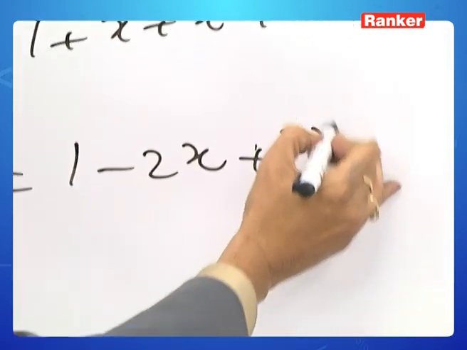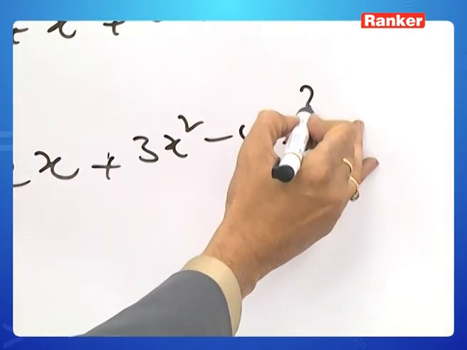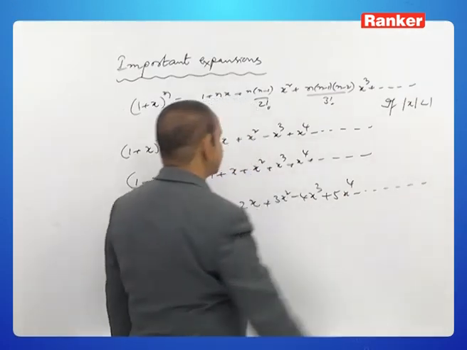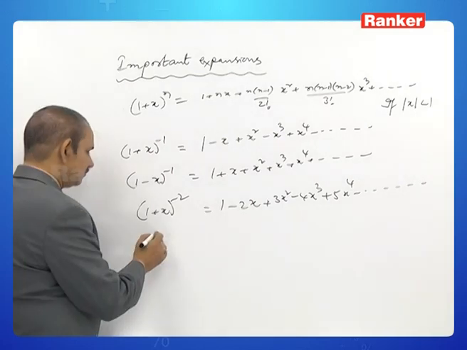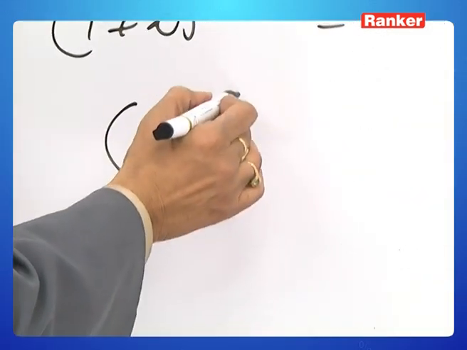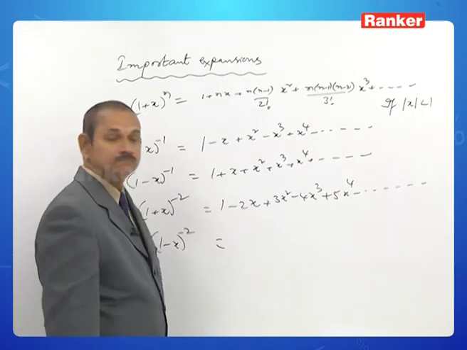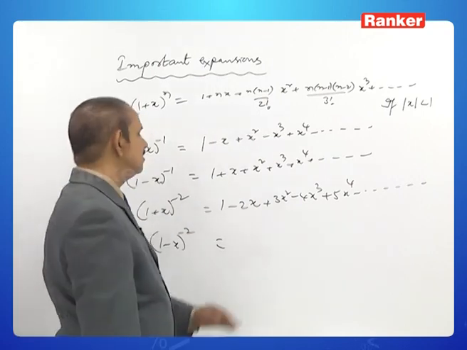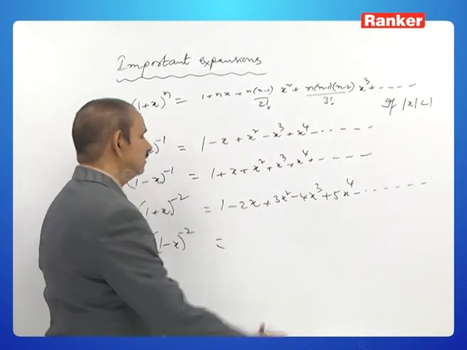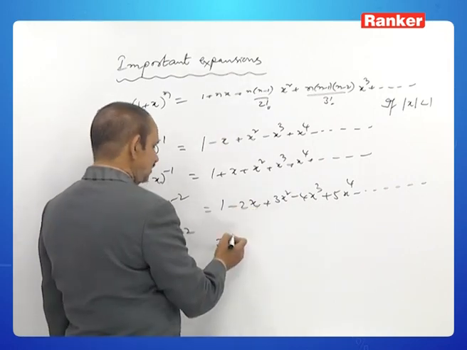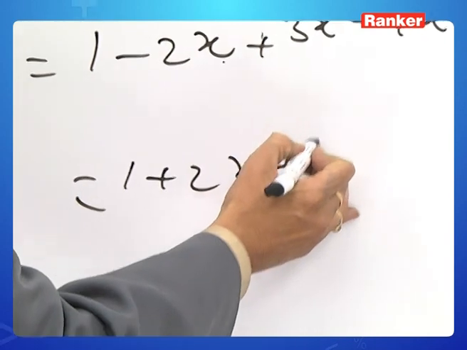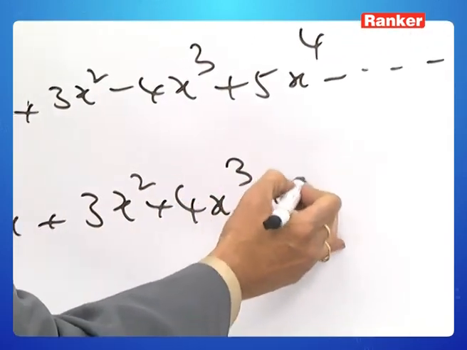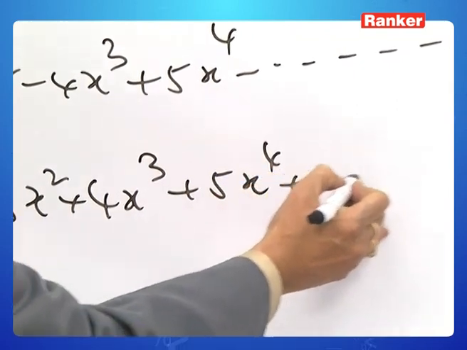Plus 3x square minus 4x cube plus 5x power 4 minus etc. What is the fate of 1 minus x whole power minus 2? You just put minus x for x here. Minus of minus x is 1 plus 2x plus 3x square plus 4x cube plus 5x power 4 and so on.